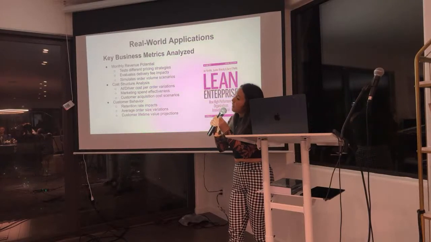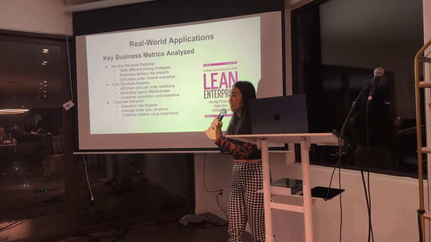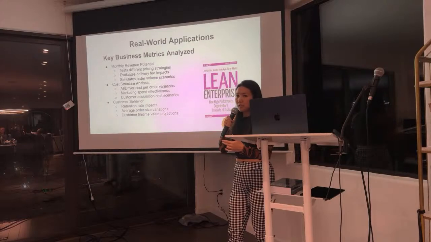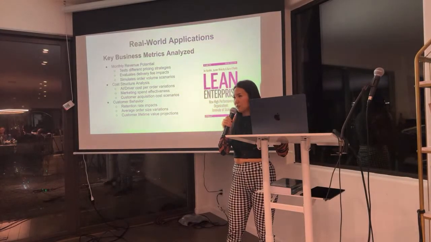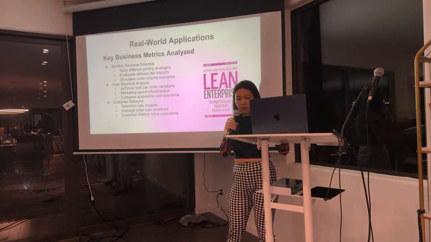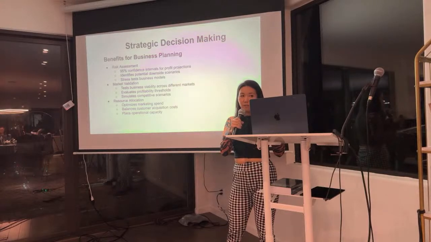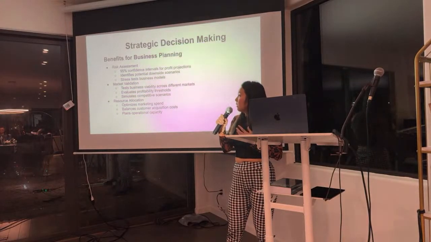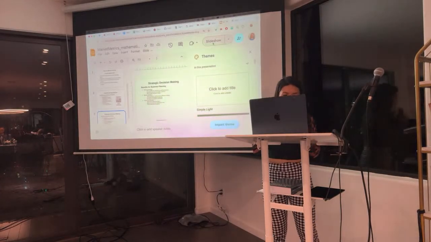After getting a certain amount of data, I'm running some monthly revenue simulations just based on a number range, mostly LLM assisted. This would benefit business planning in the sense that it helps with risk assessment and then market validation. So let me go to my demo.